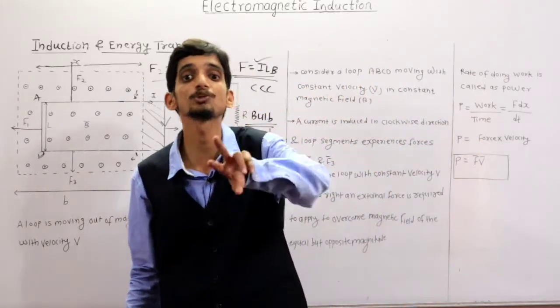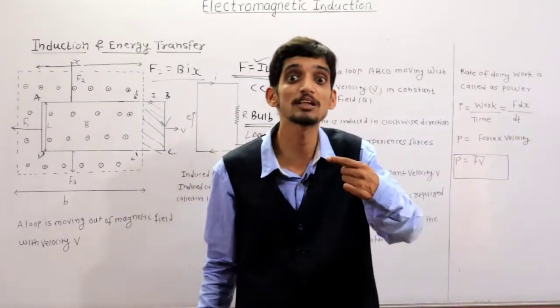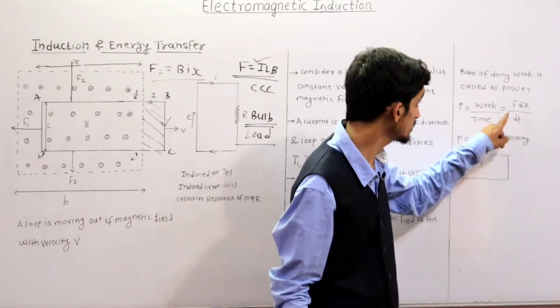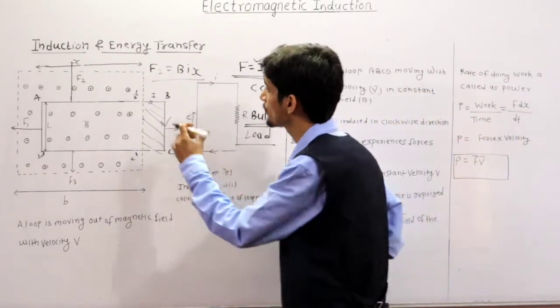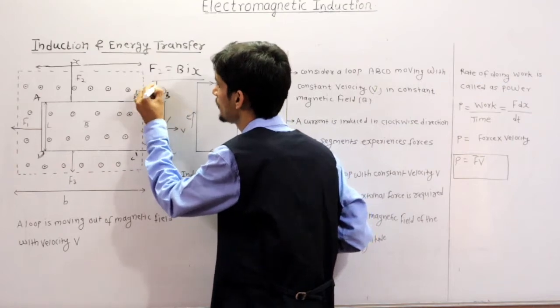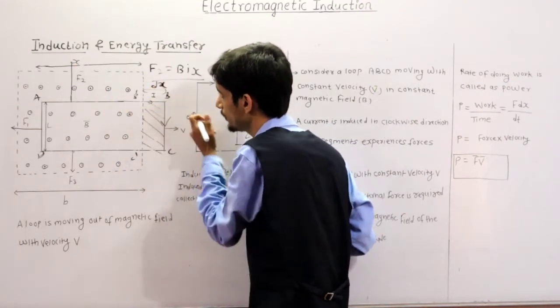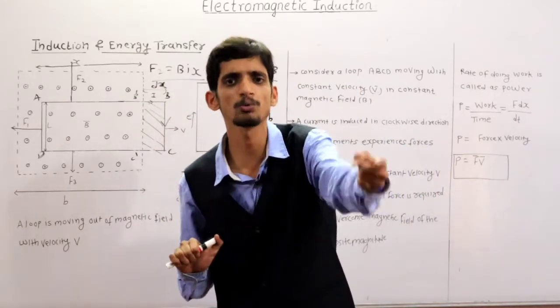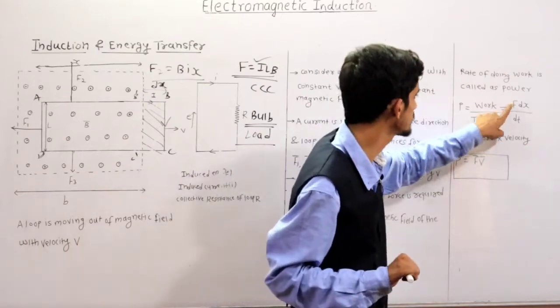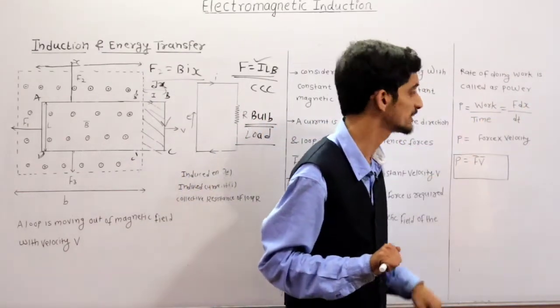Rate of doing work is called power. And work is equal to what? Force into displacement. Now listen here. This is an important step. Work is force into displacement. Which displacement? We have displaced through this small distance dx. I pull it through a distance of dx with what force? F. That's why it is F into dx in time dt, so it is F into dx upon dt.